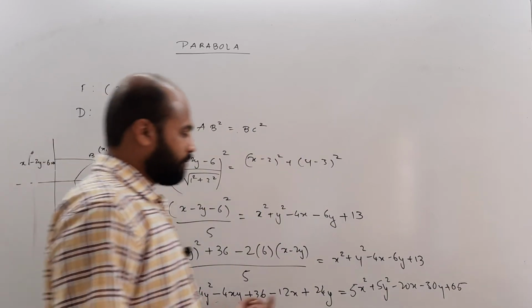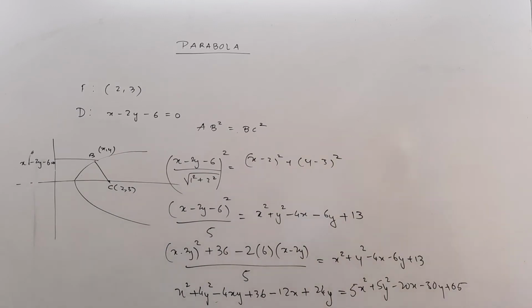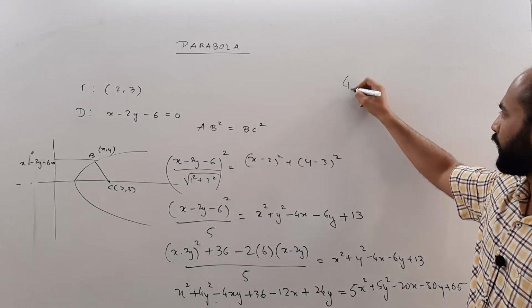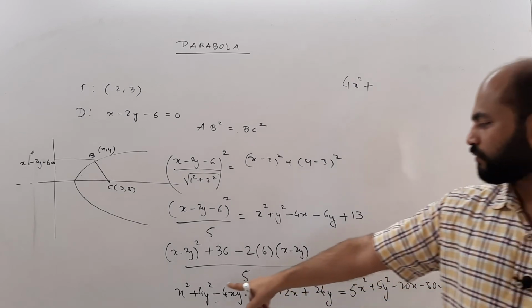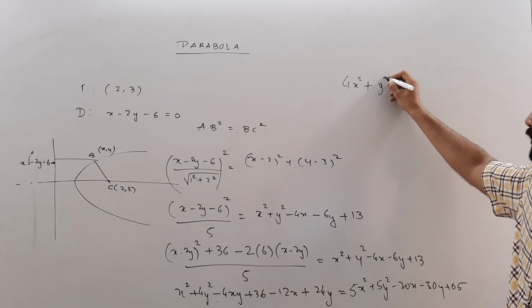So overall, when we simplify this particular expression, the answer that we will get is something like this. So this is going to be 4x square. Here you have 5y square and here there is 4y square, so this is going to be y square.